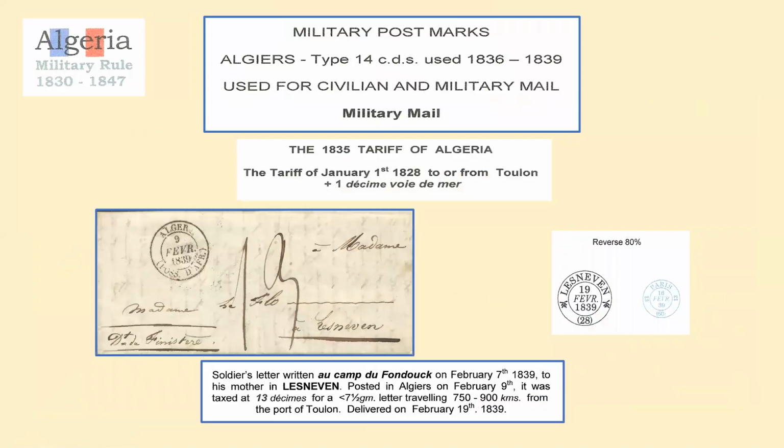Another type of military postmark now, the circular date stamp, used for both civilian and military mail in its days, but this is a soldier letter of 1839, taxed at 13 décimes on its arrival in France.